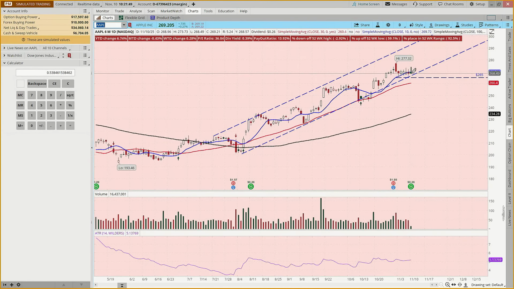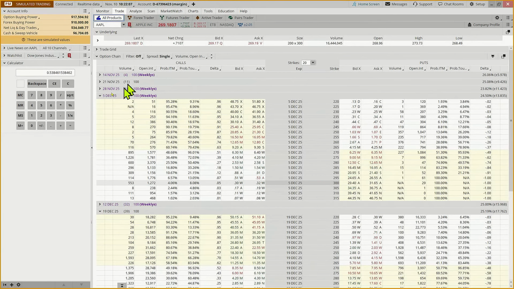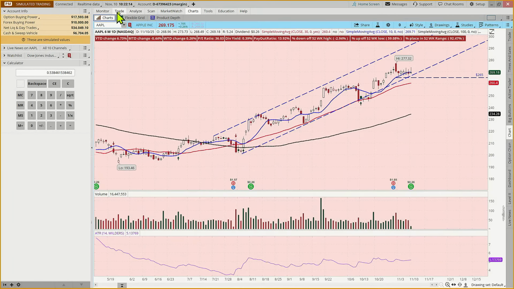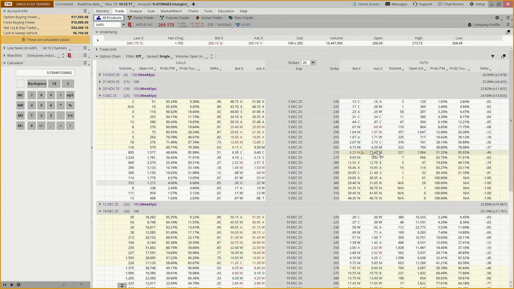But if we say, well, come to this diagonal support line, what if we sold a put, did a short put vertical below that? So around this 265 level, could we get enough premium for it to be interesting? So if we came here to our trade tab, again, coming out 25 days, and we wanted to look at the 265, so below that support level, we've got a 10-cent bid-ask spread, lots of volume, trades more than 1 million shares a day.